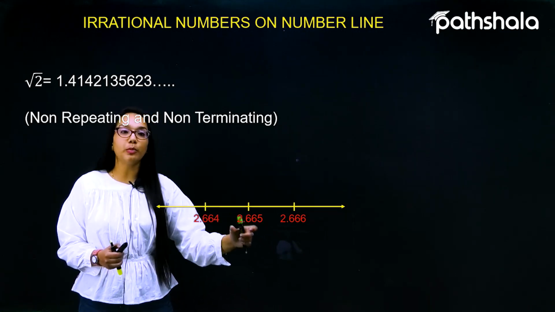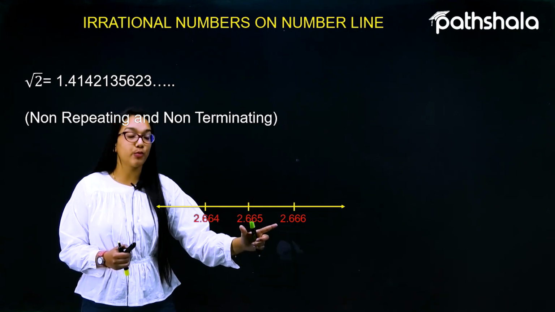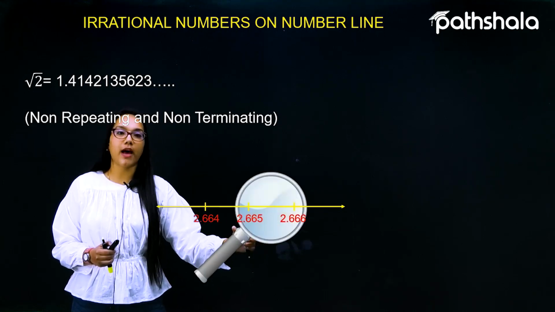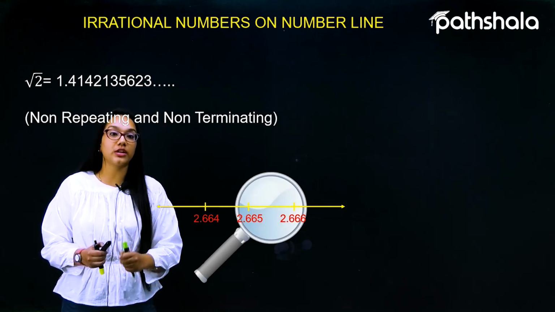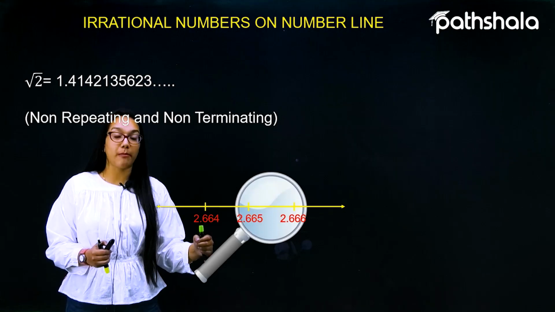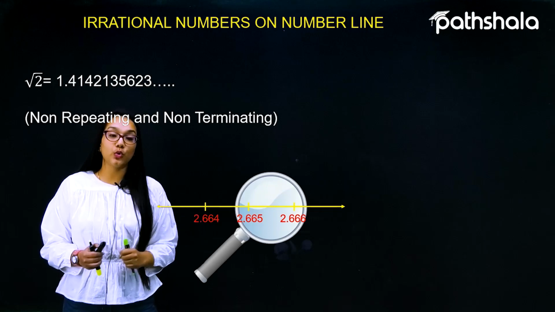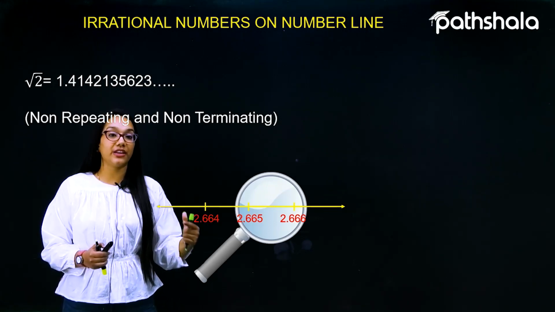In order to plot it, definitely I have to magnify the values, because we know that in between any two rational numbers there are infinitely many rational numbers. The same concept goes for irrational numbers as well.